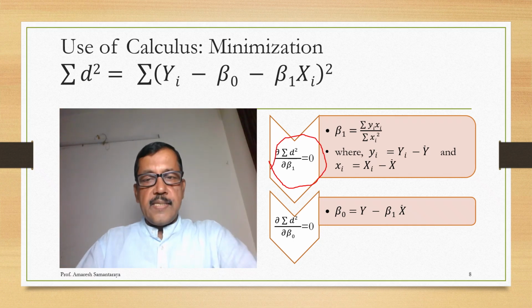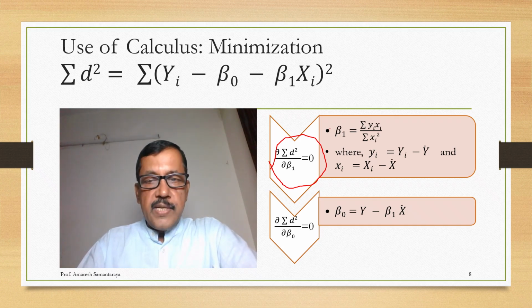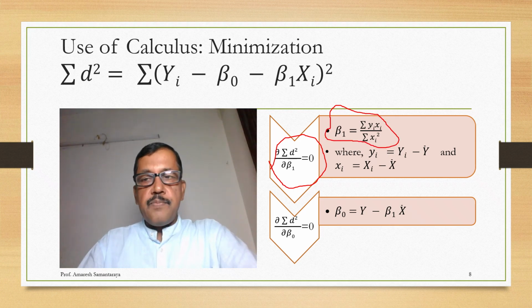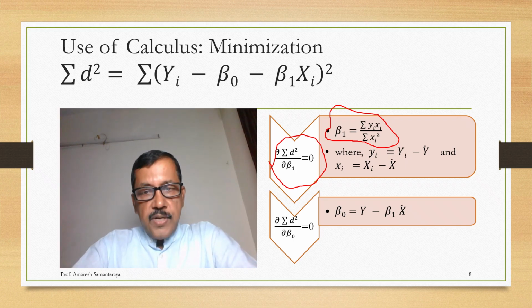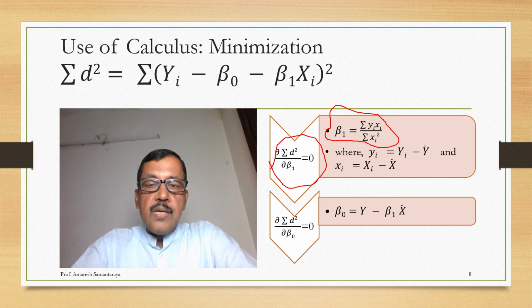So using this, if we undertake the necessary mathematical manipulation, finally we'll get the formula for beta 1 as given here. See, the formula for beta 1 from this minimization principle using calculus, we can get as beta 1 is equal to summation yi xi over summation xi square.